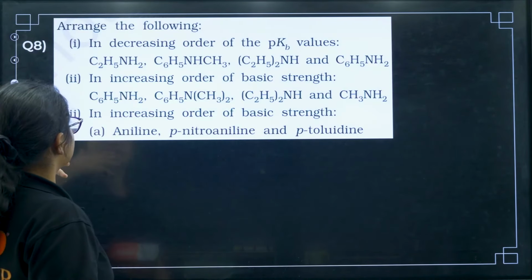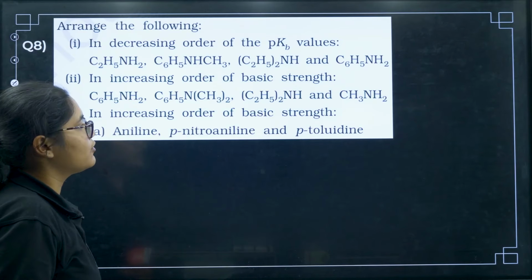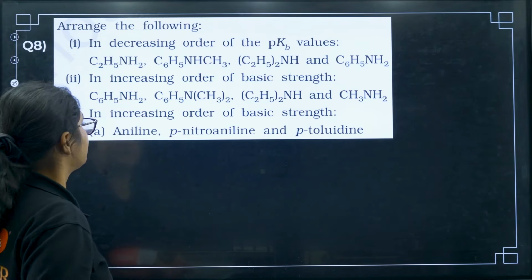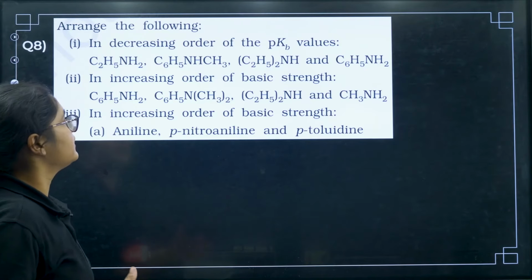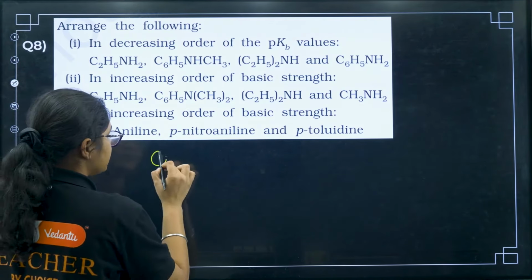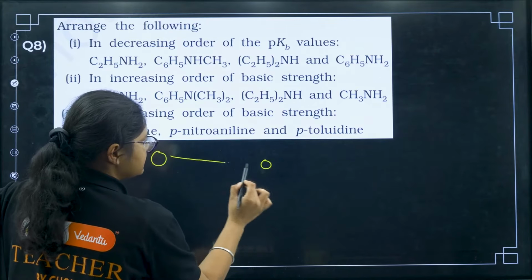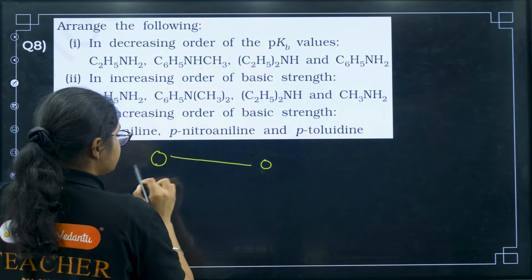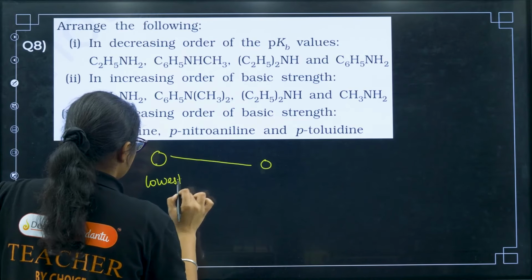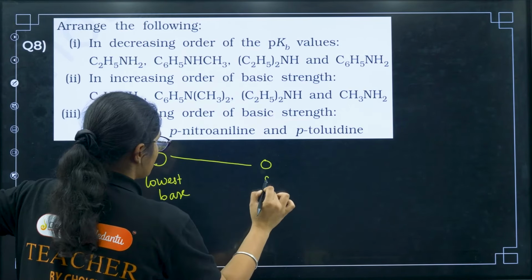Next we have: arrange the following in the decreasing order of their pKb value. Decreasing order of pKb value means highest pKb to lowest pKb, right? Highest pKb means weakest base, so from weakest base to strongest base.